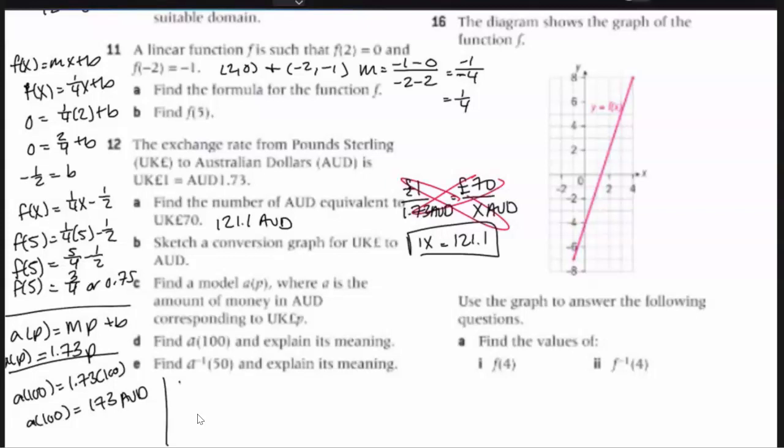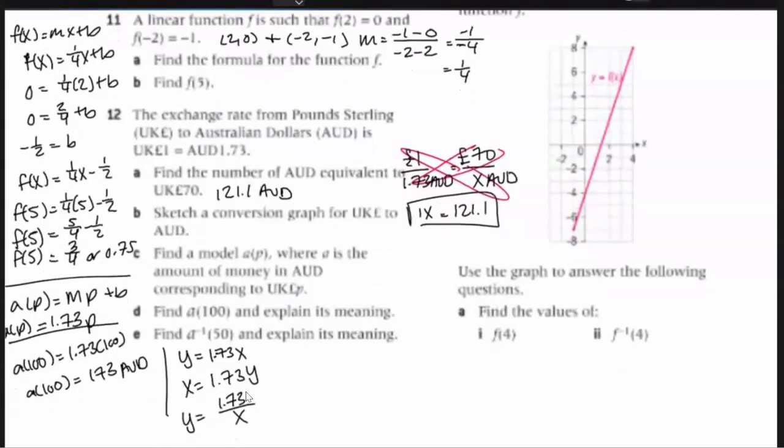So, for example, our original equation, y equals 1.73x, I now change it to x equals 1.73y, resolve it to get y by itself, so y equals x divided by 1.73, which makes sense anyways.